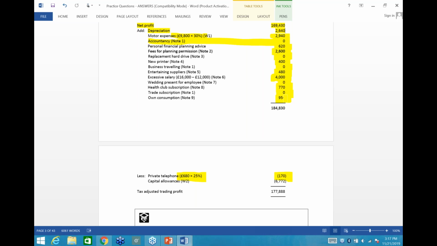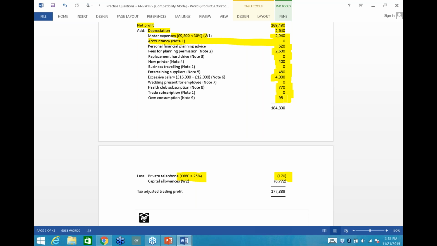Then first year allowance is given only on new low emission motor cars. If the carbon dioxide emission of the vehicle is 50 grams per kilometer or less, in that case, up to 100% of the cost you can claim as first year allowance. It doesn't matter whether the period of account is 12 months, less than 12 months, or more than 12 months.